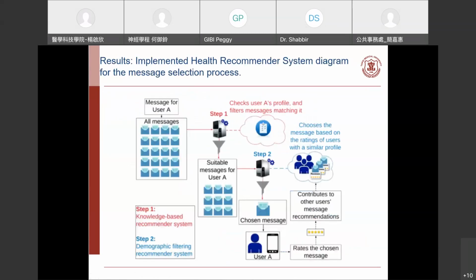Maybe I can show more results, because the messages were not random, they were more personalized depending upon age, gender, and the circumstances the user is living in. For example, if you are living with kids, we can say, okay, 8 days you didn't smoke, please continue to abstain from smoking, because your child will become healthier if you stop smoking.